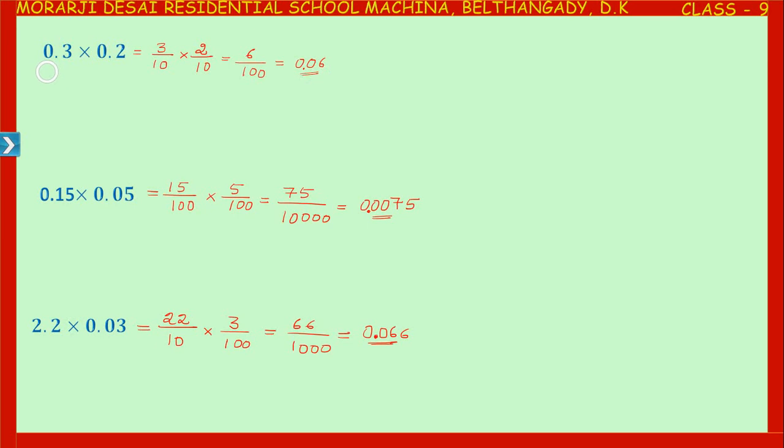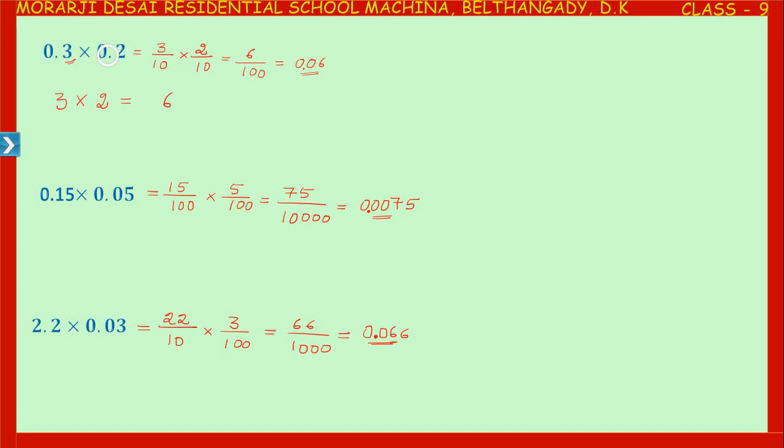See how we can multiply directly. 0.3, remove the decimal point of 0.3, that becomes 3, into, remove the decimal point of 0.2, that becomes 2. 3 twos are 6. See here, in 0.3, the number of digits after the decimal point is 1.